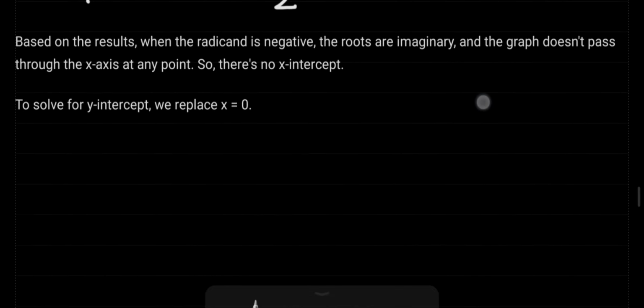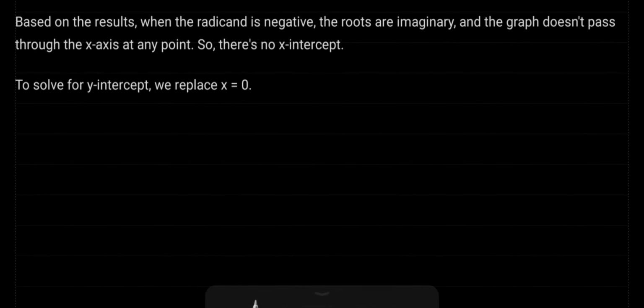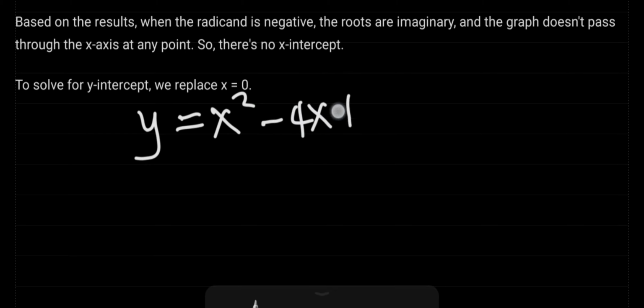And to solve for the y-intercept, we replace x with 0. So we will write here the given quadratic function y equals x squared minus 4x plus 5.